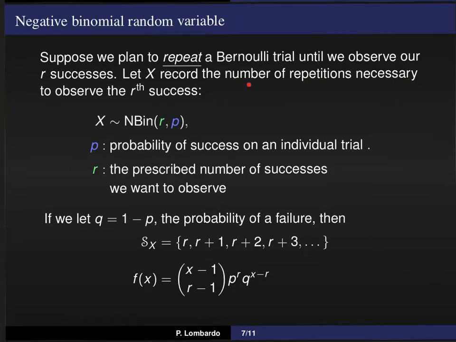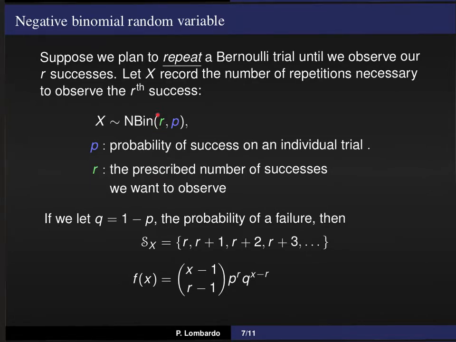And the random variable itself is going to record the number of repetitions necessary to observe the rth success. So how many times we need to keep flipping the coin until we get the 5th head, or maybe the 7th head, or the 8th head. So situations that follow this basic outline can be modeled well using the negative binomial random variable.